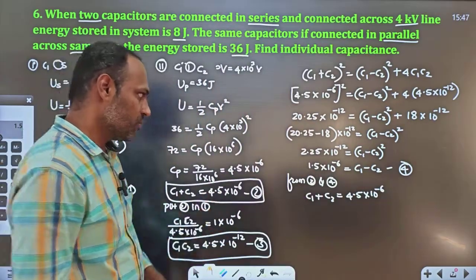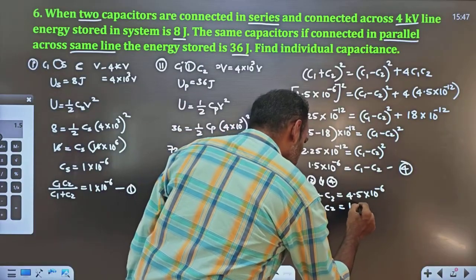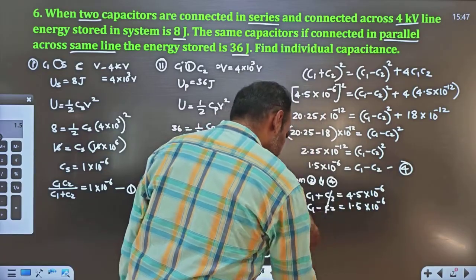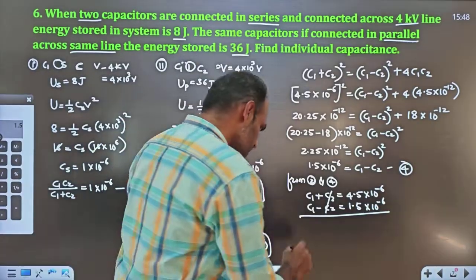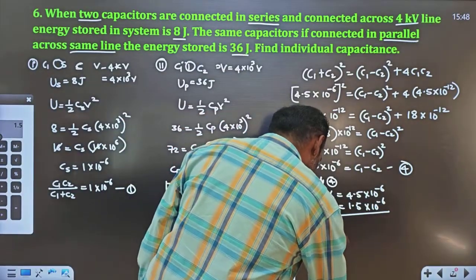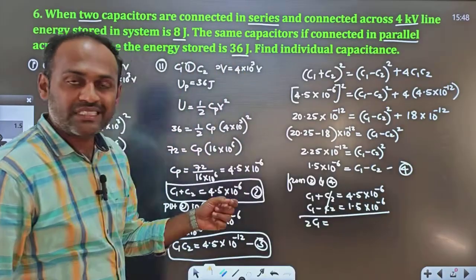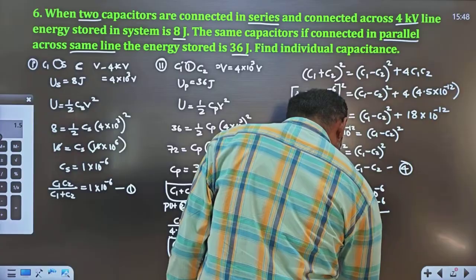And C1 minus C2 is 1.5 into 10 to the power minus 6. So plus C2 and minus C2 will get cancelled here. C1 plus C1 will be 2C1. 2C1 is equal to 4.5 plus 1.5, it will be 6, right? So 6 into 10 to the power minus 6.